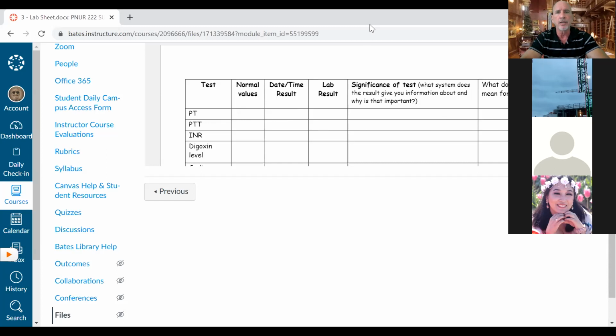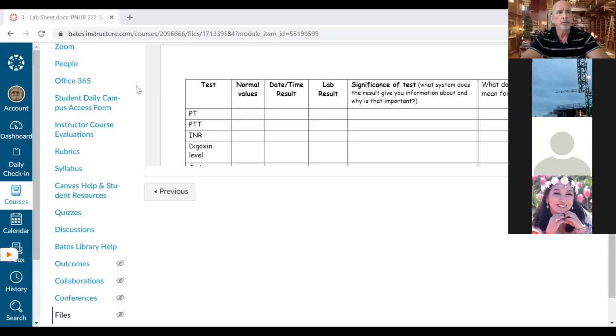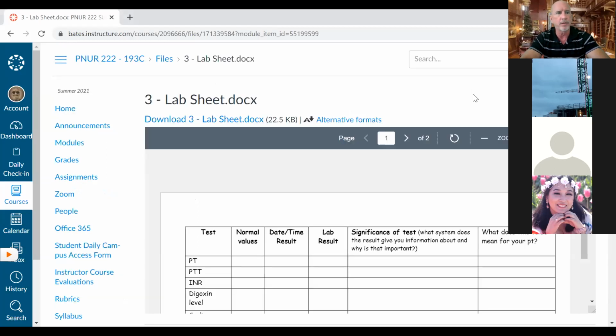Now, that being said, let me stop the share here, and I'm going to bring up the example sheet again. In Canvas, I put that example sheet.